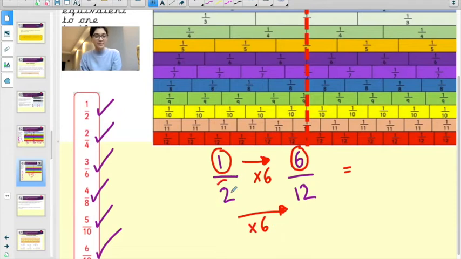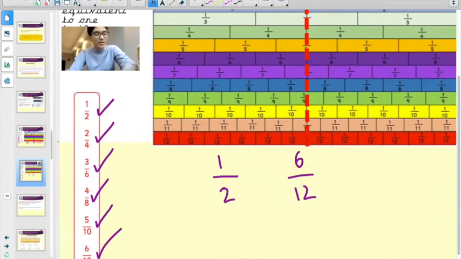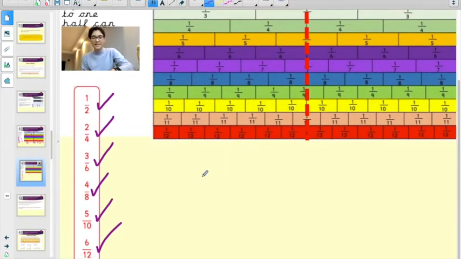Let's test it. What's 2 times 6? It's 12. So it works. What you do to the bottom, you do to the top. Whatever you do to the top, you do to the bottom. Let's have a go at another fraction, just to show you the relationship between numerators and denominators. Let's now look at 3/6 and 6/12.